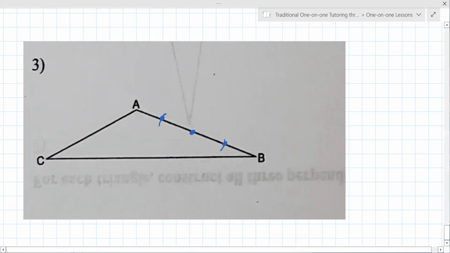And then you swing a bigger arc, and then you go to the other one, you swing that same arc, and you get something like that, and then you draw the line through the 2 points. Be better to use a ruler, but that makes a 90-degree angle like that.